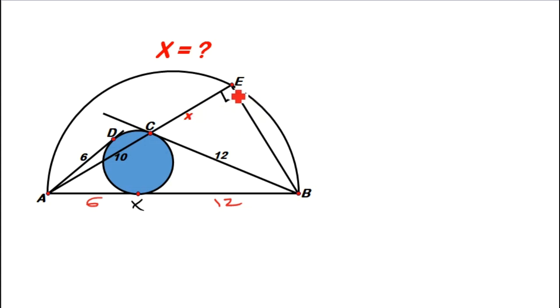We now just need to use the Pythagoras theorem to find the value of x. We can let this length EB be y. Now if you take triangle AEB, AEB is a right angle triangle at point E. When you use Pythagoras theorem, the longest side is AB.